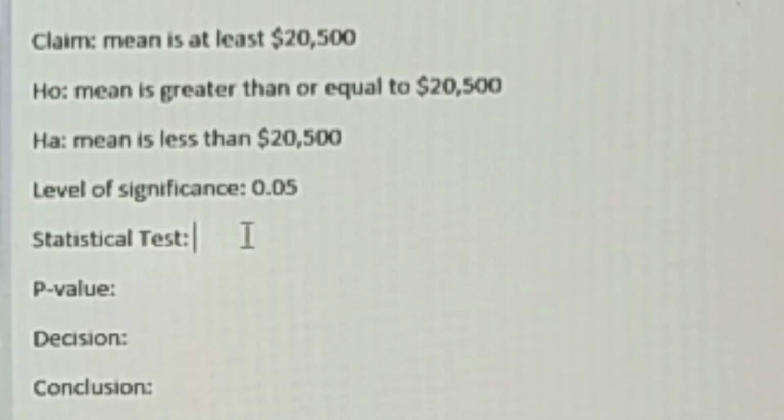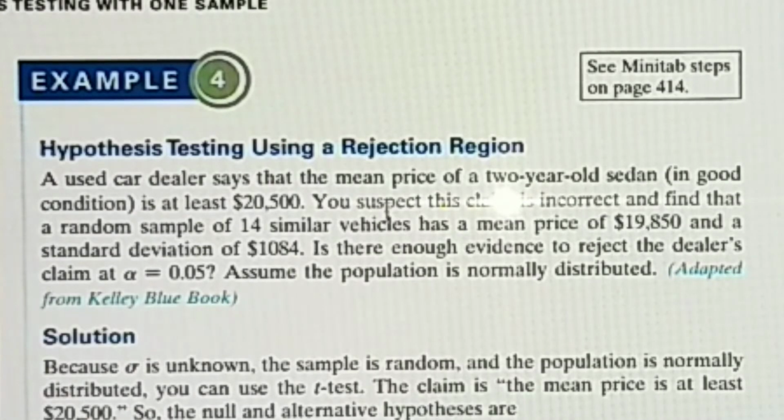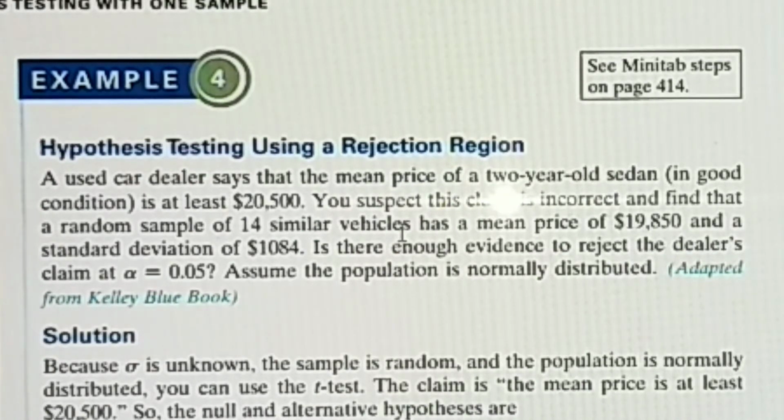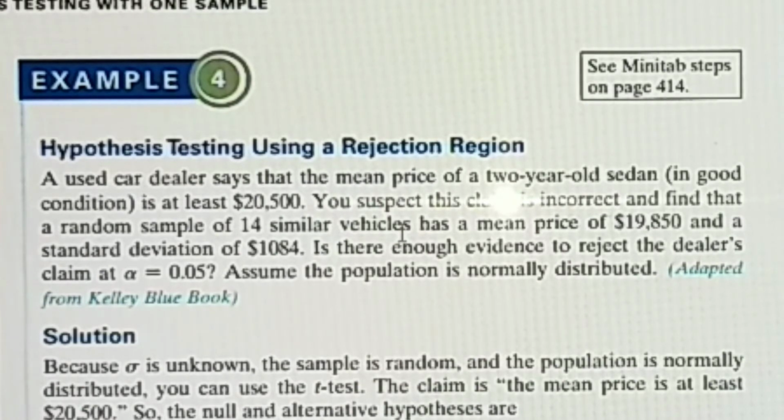So let us first analyze the given problem. There is no value for the population standard deviation, and there is only a sample standard deviation. So that means we can use the T-test.